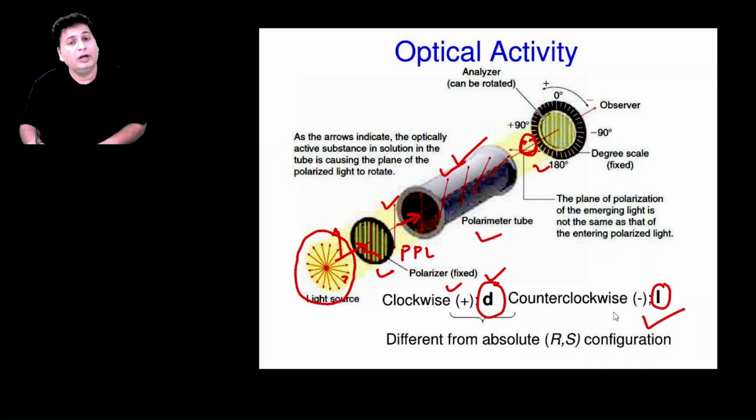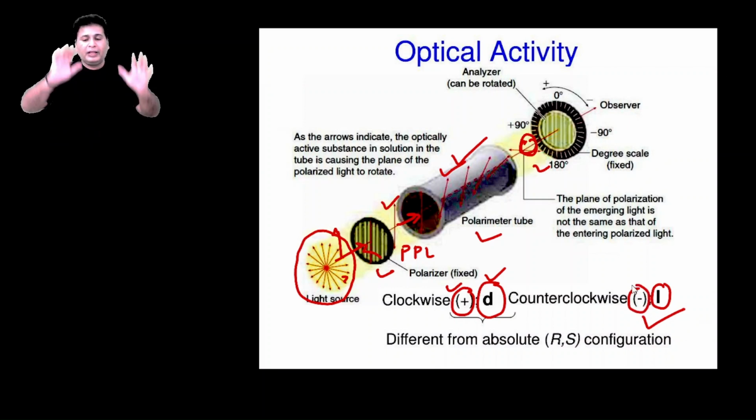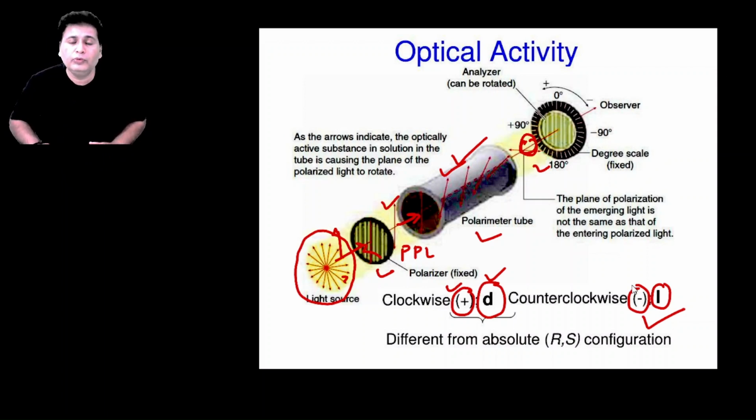For the clockwise rotation we use the sign plus, and for the anti-clockwise rotation we use the sign minus. So now you must have got the clue that the polarimeter arrangement is meant to know whether the compound under investigation is optically active or not.